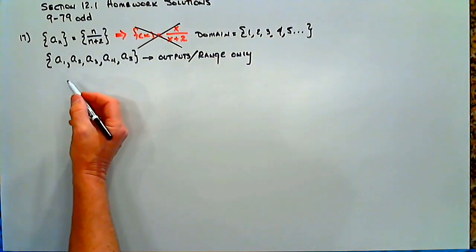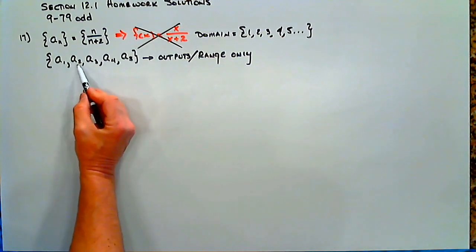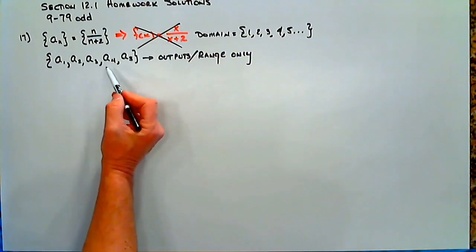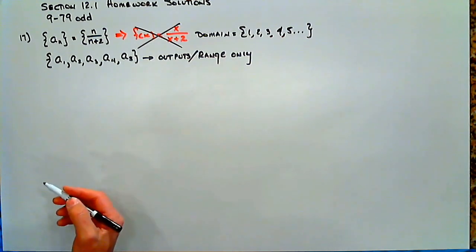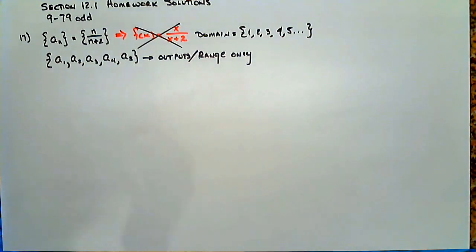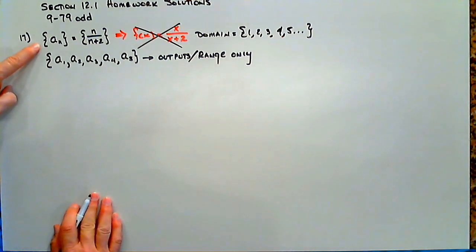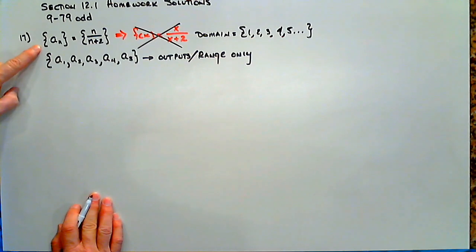So what do they want me to do here? They want me to plug in 1, plug in 2, plug in 3, plug in 4, plug in 5. And if you're asking, well, why didn't they tell me that? Okay, they did. That's what these brackets mean to us. We have to learn what that symbol means, okay? Our job is to understand the brackets mean sequences.